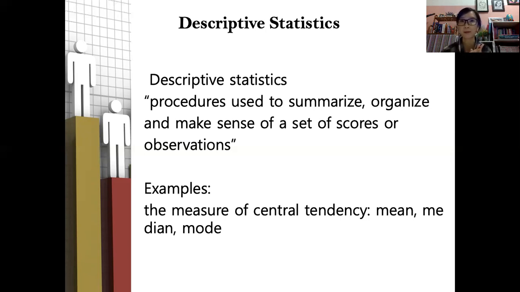Mode means the most frequent value or the most frequent score. So you have mean, median, and mode for descriptive statistics. We call the three of them central tendency. Other types of descriptive statistics include percentage and frequency.